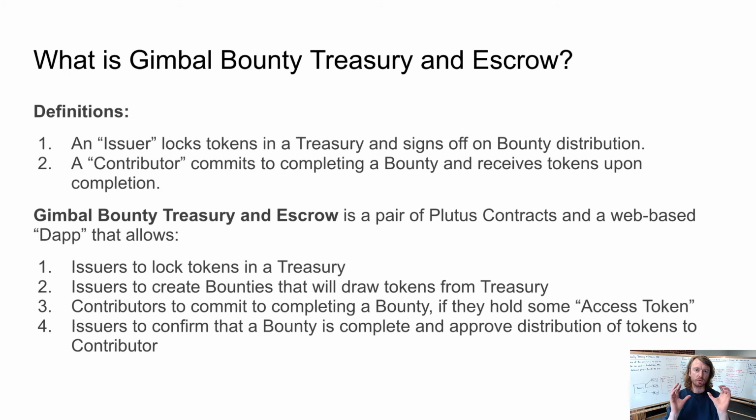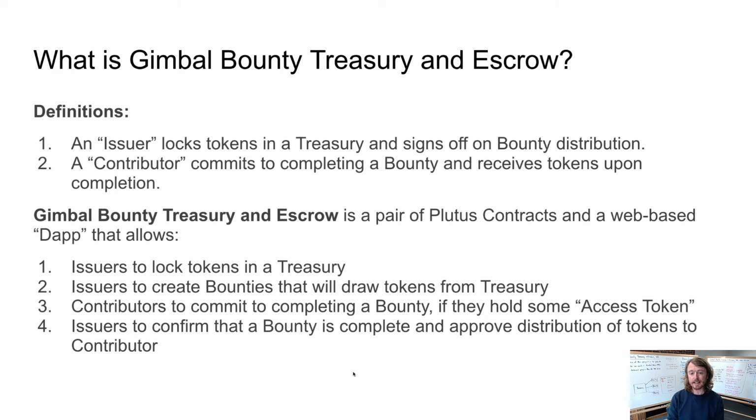There's two roles to interact with this DApp. There's an issuer who's responsible for locking some tokens in a treasury and signing off when bounties are complete. And then there's a contributor, anyone who says, hey, I want to do this thing. They can commit to completing a bounty and they receive some tokens upon completion.